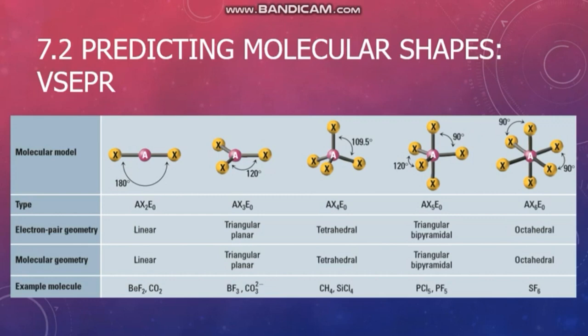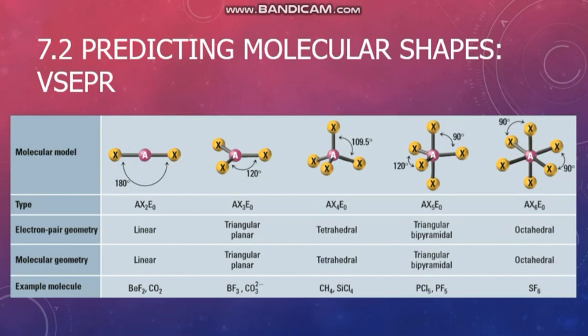They are positioned again at their maximum distances apart so that the bonding electrons have the maximum repulsion with each other. This is in a plane, and this forms a triangle. So this is called triangular planar or trigonal planar.